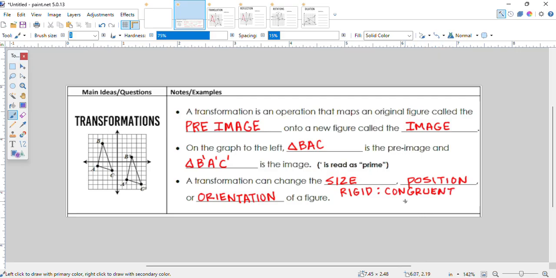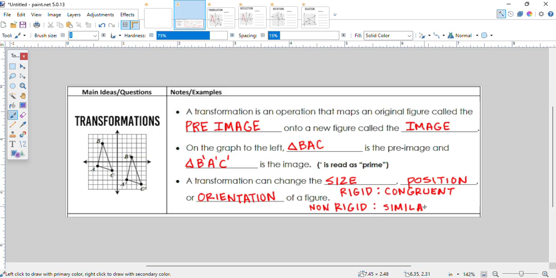All right. Now, sometimes, however, when we perform a transformation, we end up with a non-rigid transformation. And non-rigid transformations are going to change something about the shape or the figure so that when we have our image, it is no longer congruent, but it is still similar.